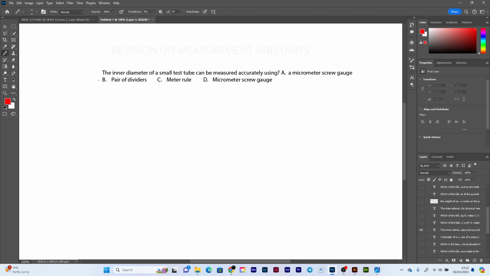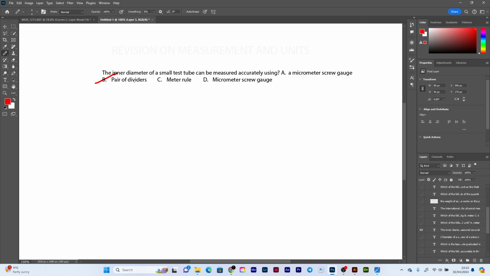So that's going to be a vernier caliper, because micrometer screw gauge is for external diameter, meter rule is for length. I have micrometer screw gauge twice here. That might probably be an error on my part while typing the question.